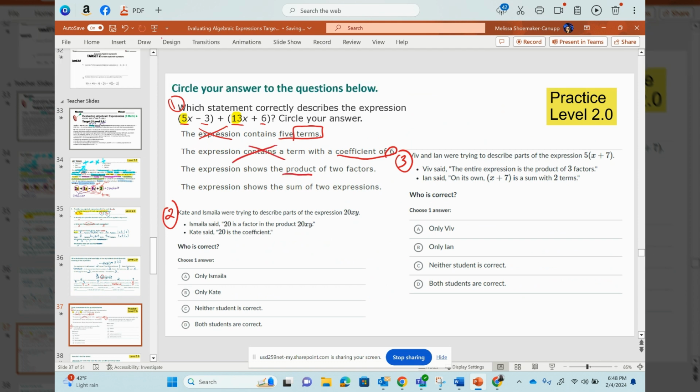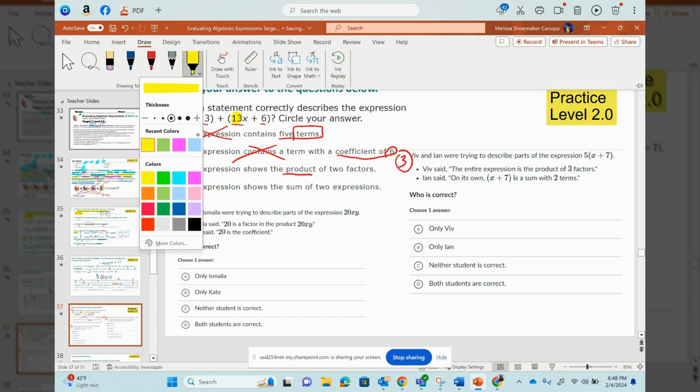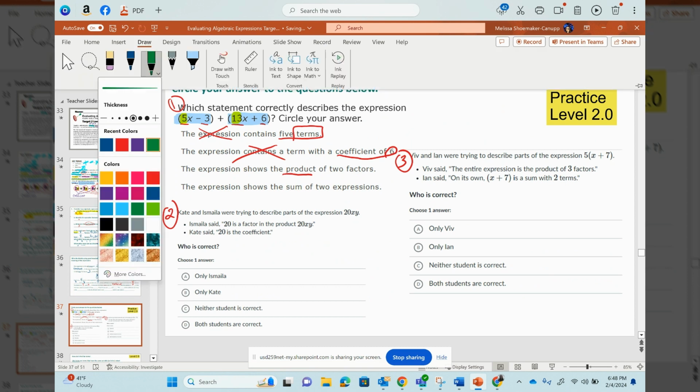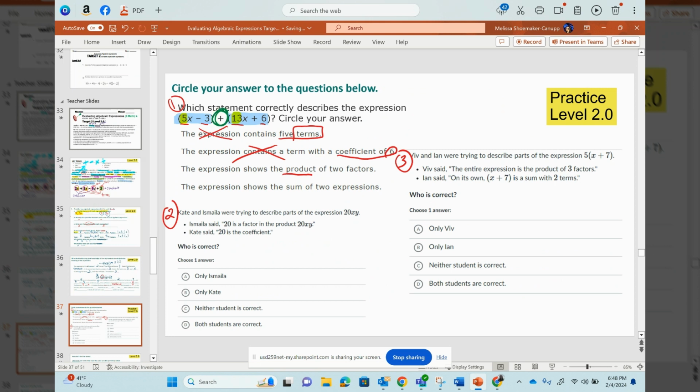Shows the product of 2 factors. What they're calling a factor here is this whole entire thing in their parentheses and this. Is there a product happening there? Is there multiplication happening between these two things? No, it is a sum because I see addition. So the answer must be this one.